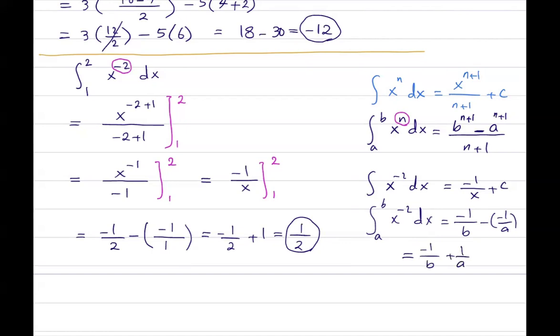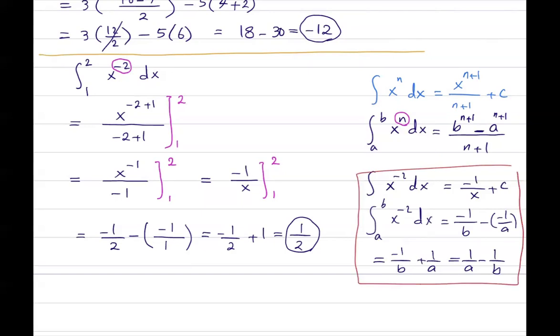So in many books or shortcuts, they just write this as 1 over a minus 1 over b. But this is what we look for when we are doing the calculation for these types of integrals.